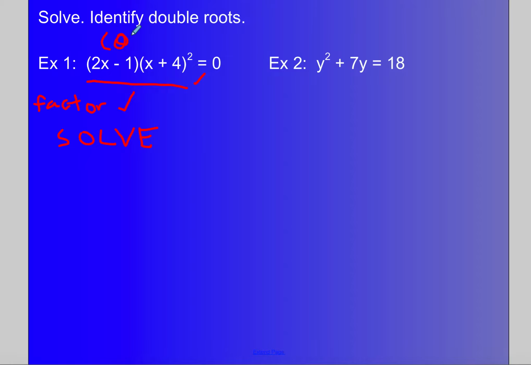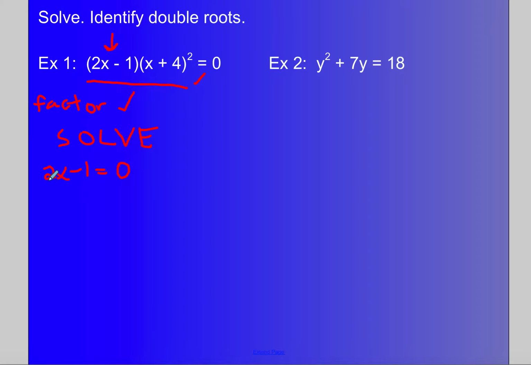Because we'd be multiplying 0 times x plus 4 squared, and anything multiplied by 0 is 0. So I could find a solution, a root, or a zero if I set what's in this individual parentheses equal to 0, and then solve.